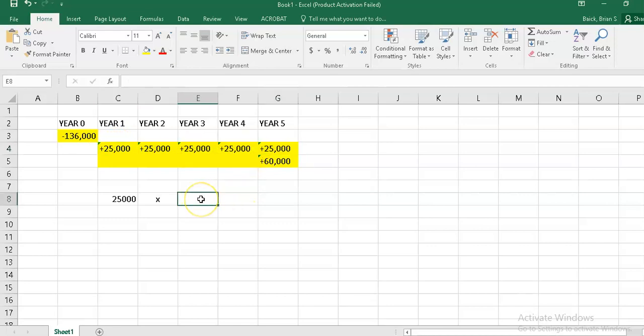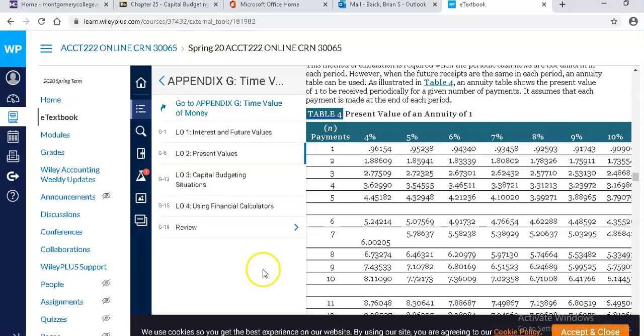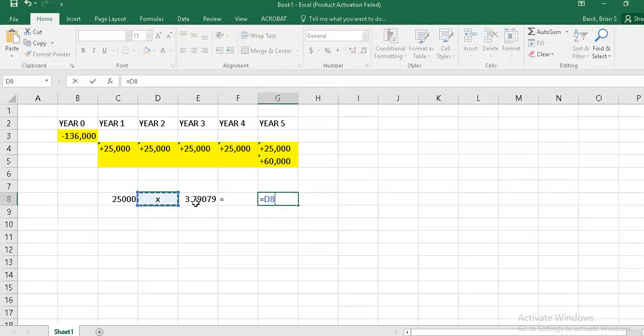Okay, so how many years is this project good for? 5 years. What was the interest rate we're going to use? Use the cost of capital. It's 10%. Okay, so 10%, 5 years, 3.79079. So if we do the math here, we get this times this.